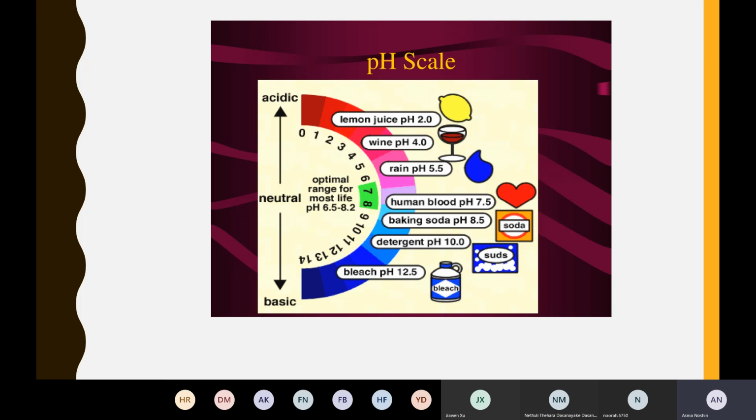So this is strong, this is weaker. Same over here: from 8 till 10 the color is lighter, so this will be your weak base. And from 10 till 14, the color is getting darker, so this will be considered your strong base.